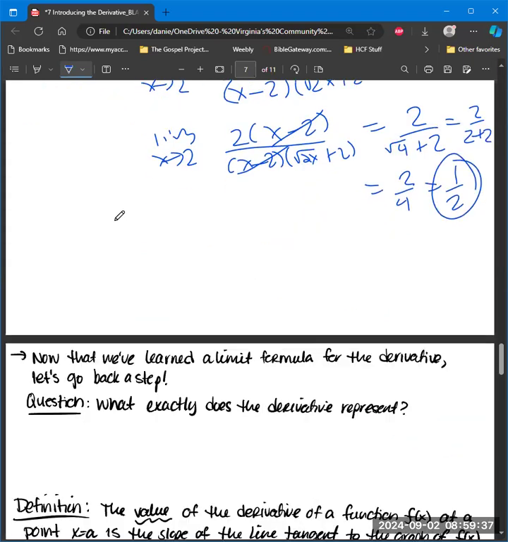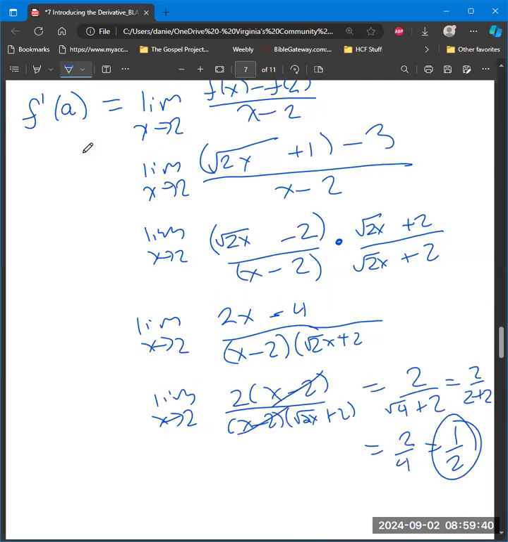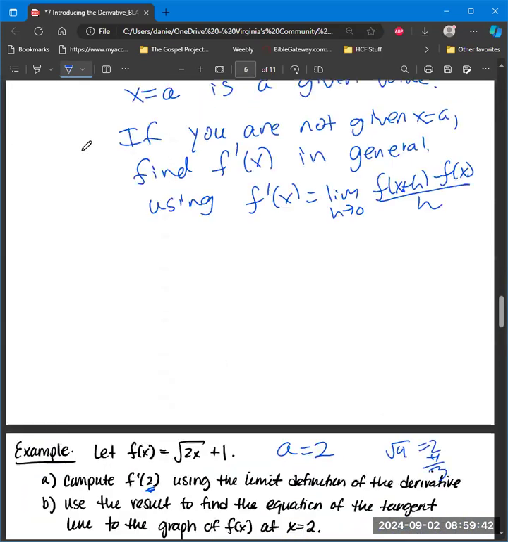Now let's see, I think I have some space to do this the other way. Not really. Let's come up here.